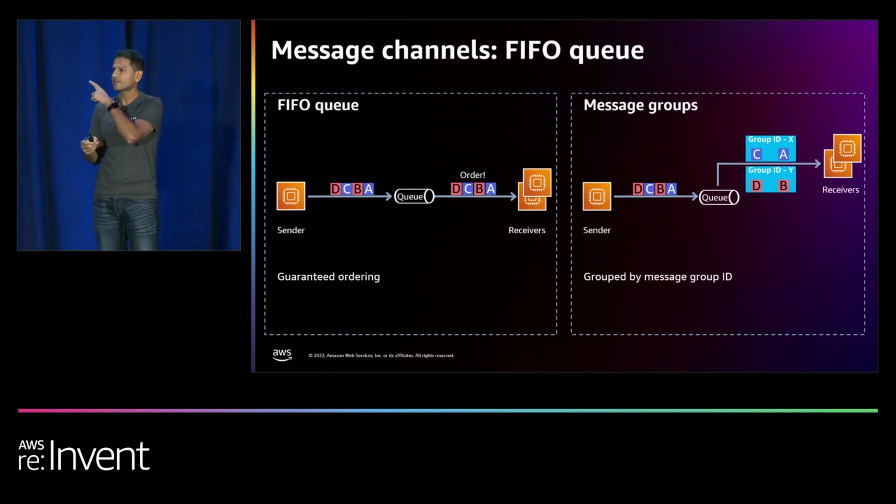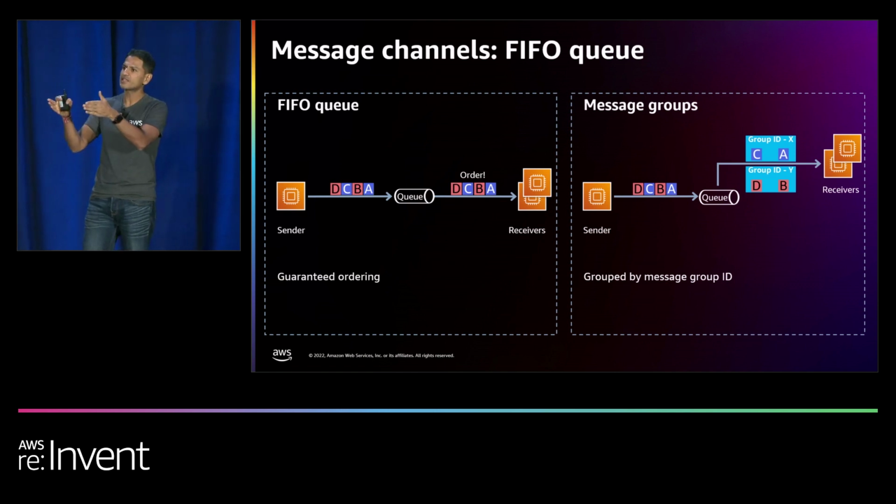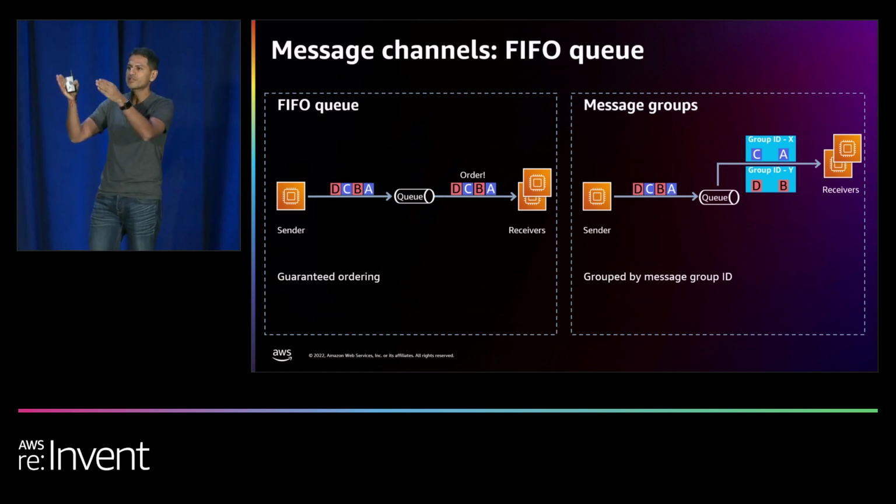And that's where you will leverage this concept called message group ID. Here we have 4 messages going from a sender to the queue, A, B, C, and D. You want to make sure A and C get processed sequentially because they belong to the same user, and B and D get processed sequentially.